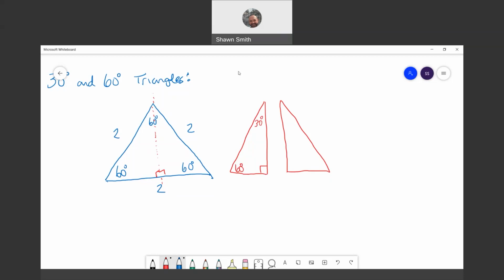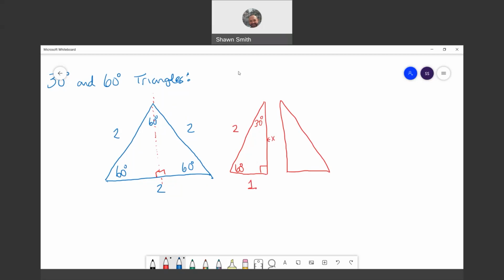This side is 2. This side right here, look, it's split in half, right? So now this is just 1. So this is one of the legs of the right triangle. We don't know it, right? So let's just put X. We can leave it as X.